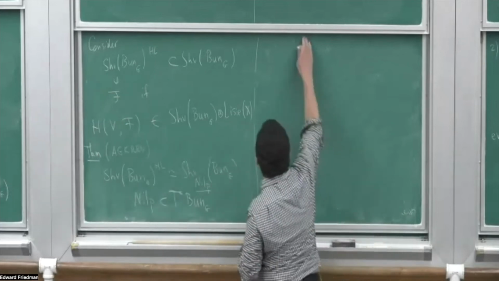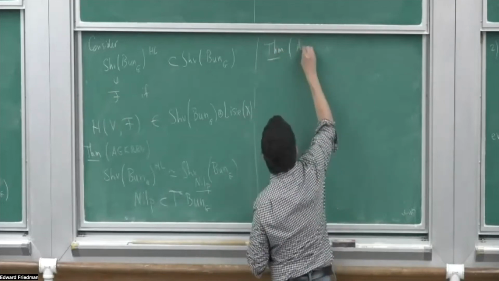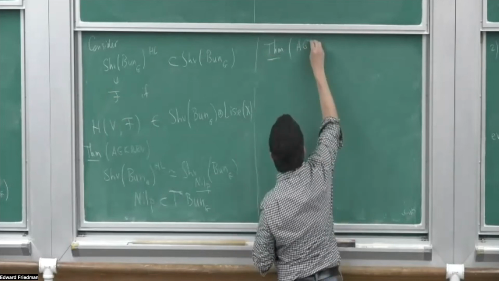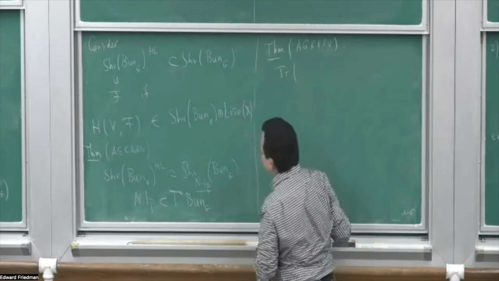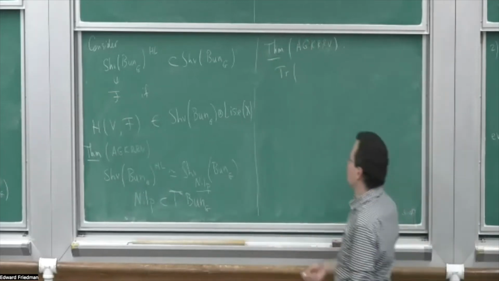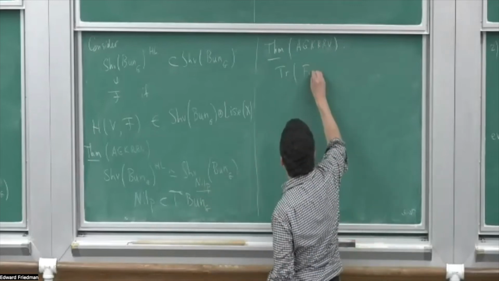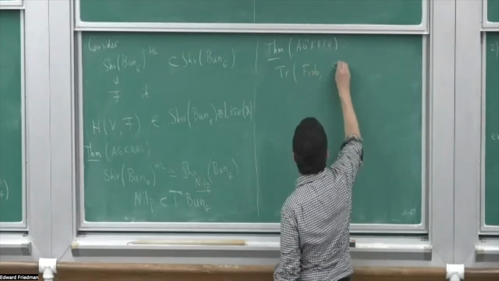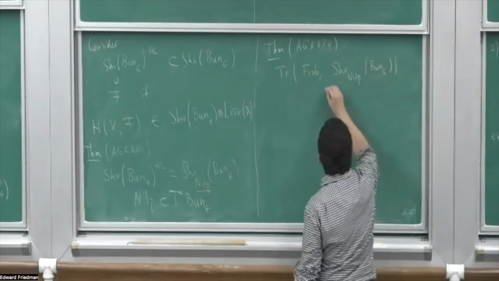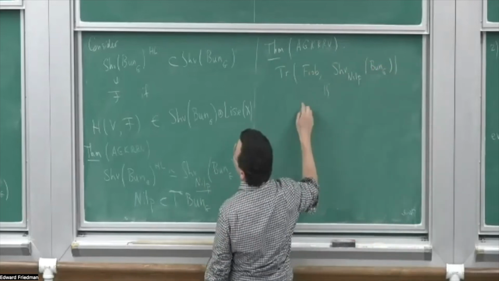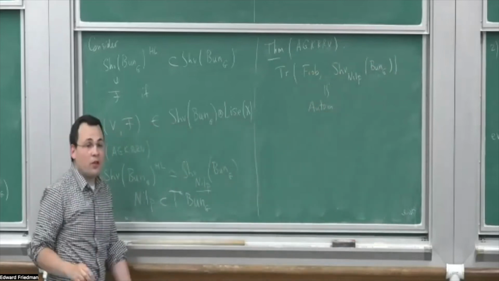But okay, the theorem would say something about actually calculating the traces of Frobenius on this category. The theorem says, I'll write it in this nilpotent notation, that if you take the action of Frobenius acting on this category, this is the vector space of automorphic forms.